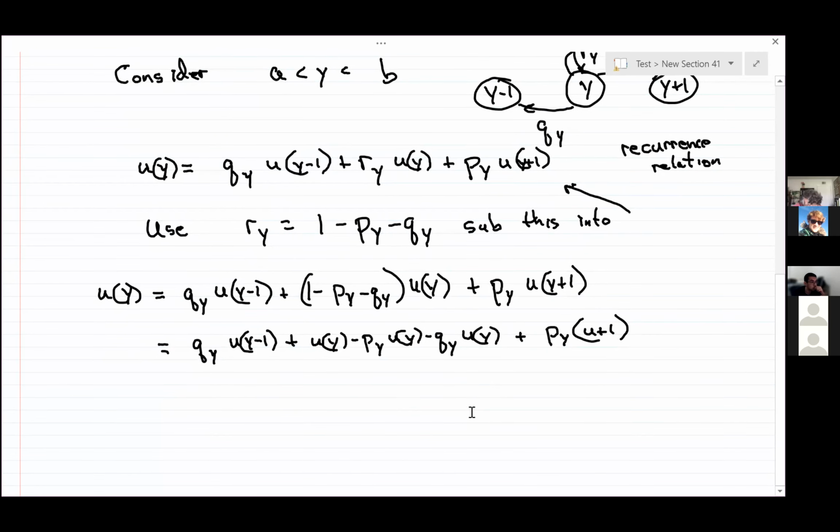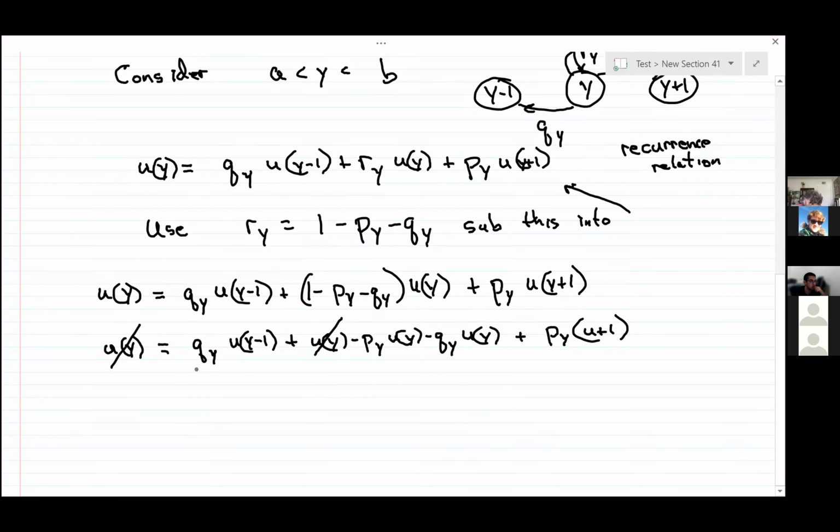And now there are some things on the left side; we still have u of y. So there are some things that can be canceled here. Let me see where they are. Well, u of y on both sides can be canceled. And then the rest we want to group.